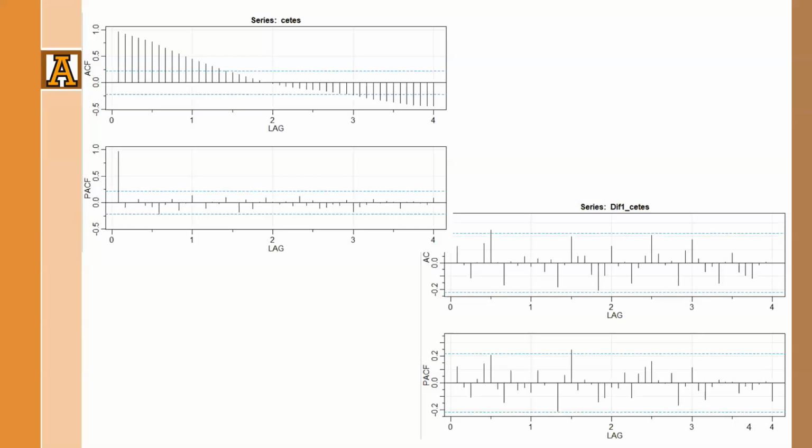And now we see the series once we take a difference, and we observe the ACF and the PACF. Look at this ACF and PACF.